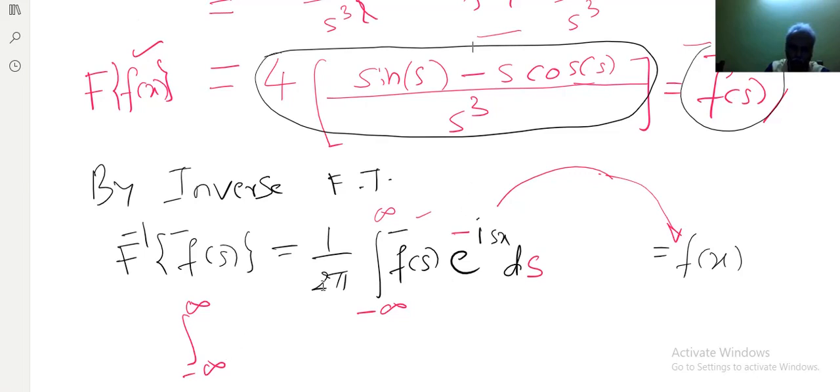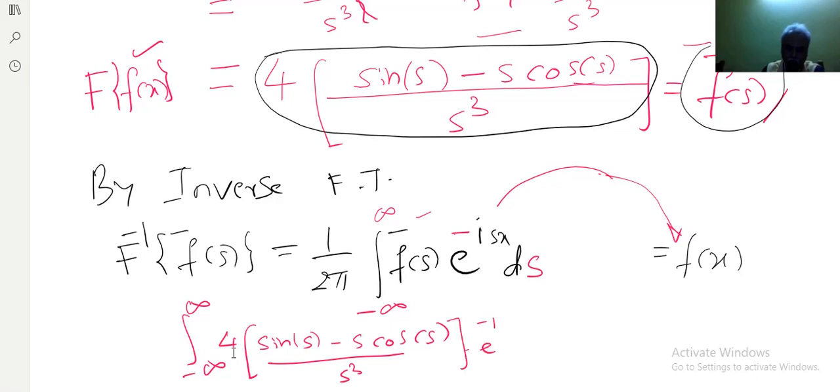So what you will get, 2 pi, will drag it here, so that you are going to have 4 times this complete bracket sine s minus s cos s. Of course, you need a little bit of concentration, but with that you can enjoy it, into e raised to minus isx as it is, ds equal to 2 pi into f of x, because I have dragged this 2 pi also this side.